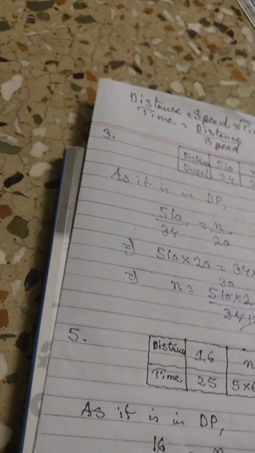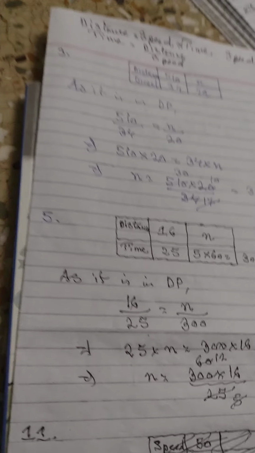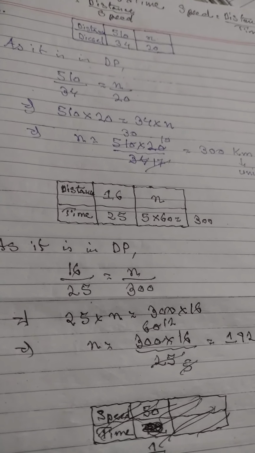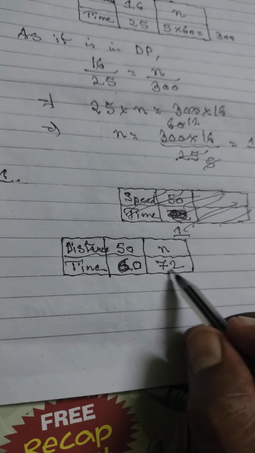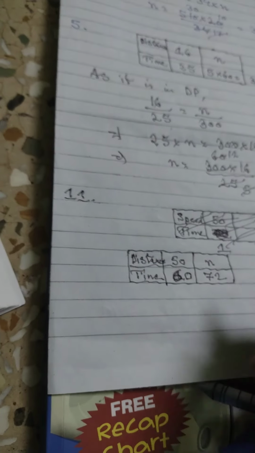Okay. Now see here in the question it is given 50 km per hour. If you see it, then it looks like that it is the speed, but if I read the question properly, then 50 km is the distance and 1 hour is the time. So now as it is given 1 hour 12 minutes, I convert into 1 hour means 60, 60 plus 12 is 72.